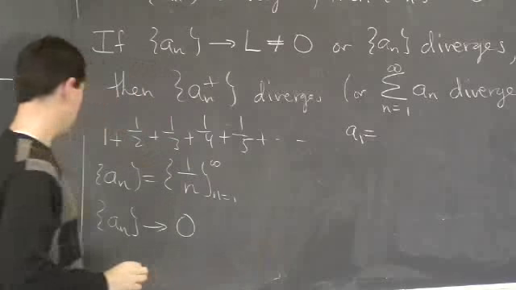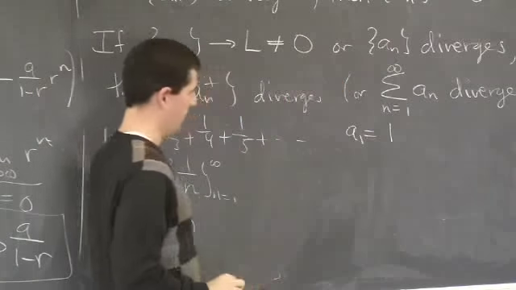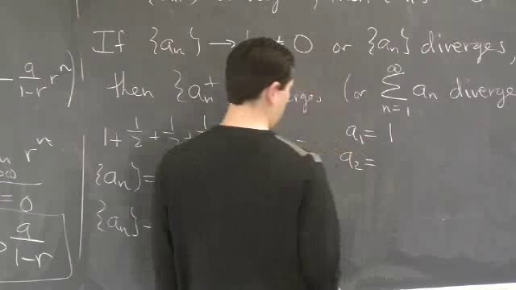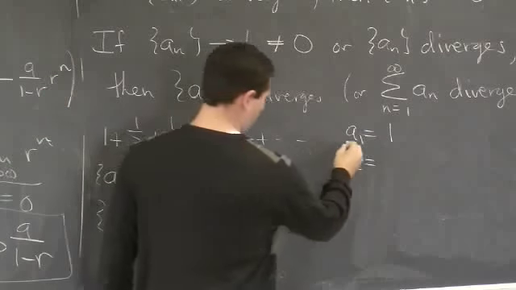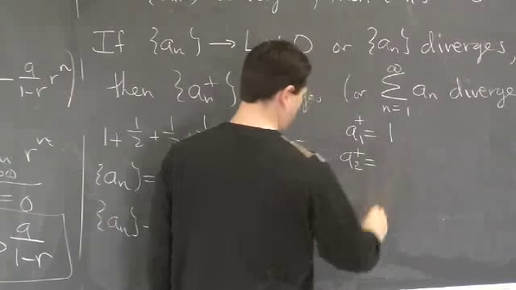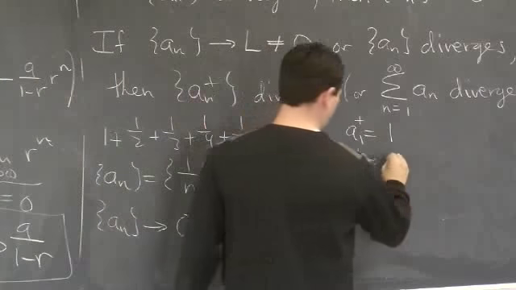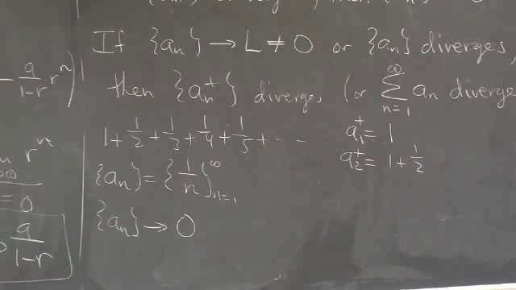So a_1, that's just 1 over 1, is 1. Nothing interesting there. A_2, well, actually, I don't just want the sequence, but the sum sequence. So A_2 is going to be 1 plus a half. Nothing so interesting yet.